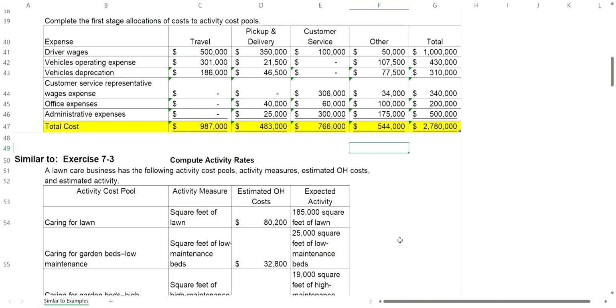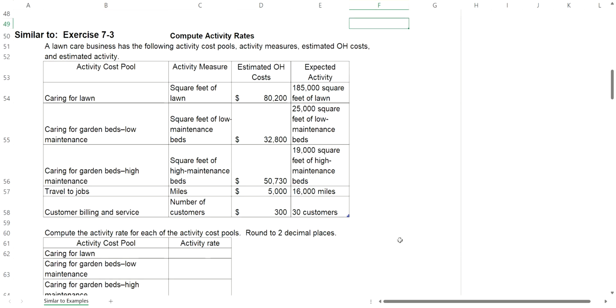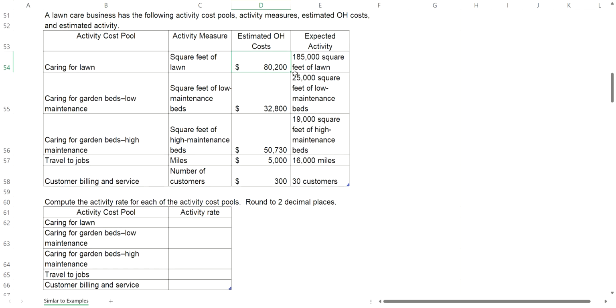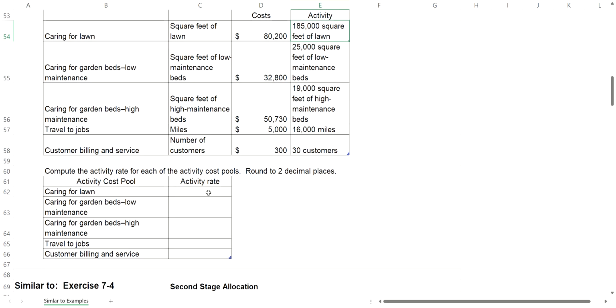Okay, before we go on to the second step, we're going to get the activity rate in a little different manner. Activity rates can be calculated by taking your estimated overhead cost and dividing it by your estimated activity. And we have 5 different activities here. So all we have to do is divide the estimated overhead cost by the estimated activity for each of our 5 activities. For example, for lawn care, the estimated overhead is $80,200.